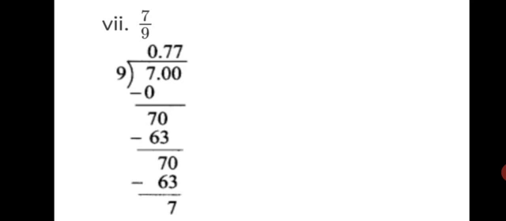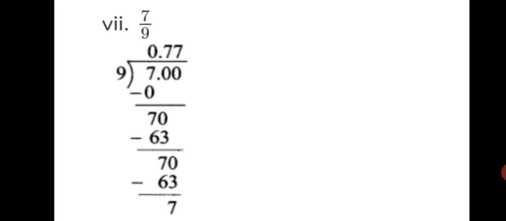Now 70 is what we got after taking a 0 down. So 9 7s are 63 is the closest. So 9 7s are 63, we write down, minus from 70 you get 7 again. So another 0 you bring down. 9 7s are 63, again 7 you got. That means the remainder is going to be always 7 now.